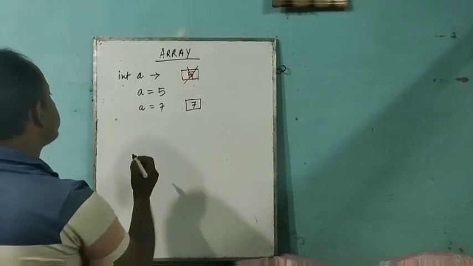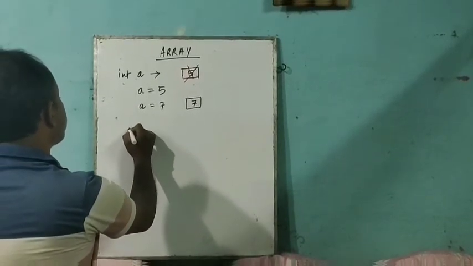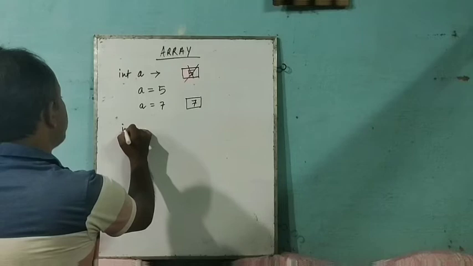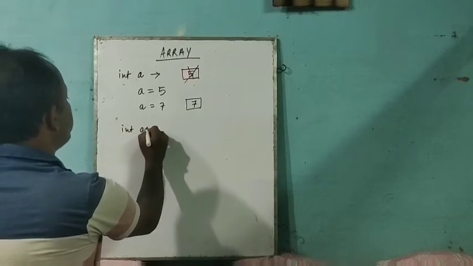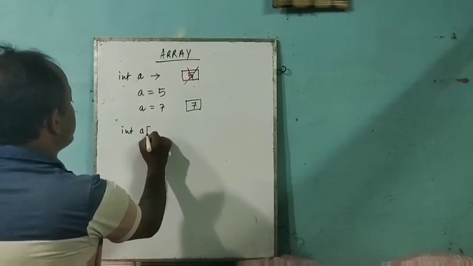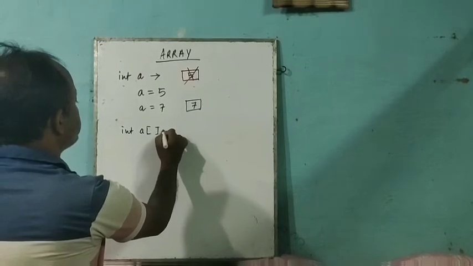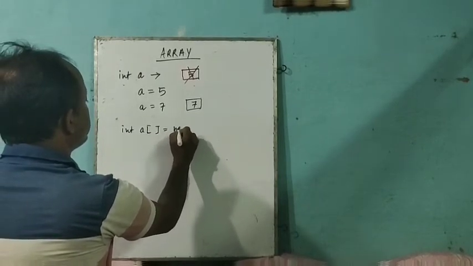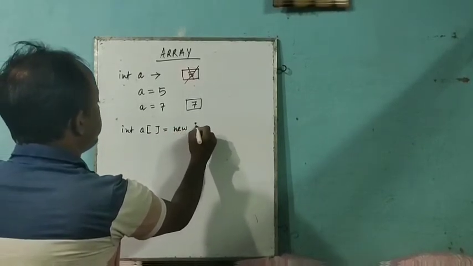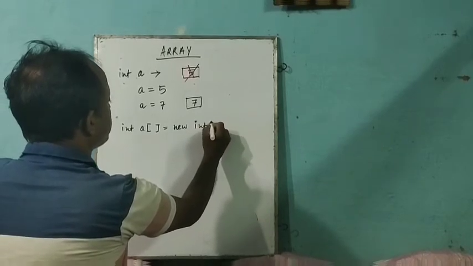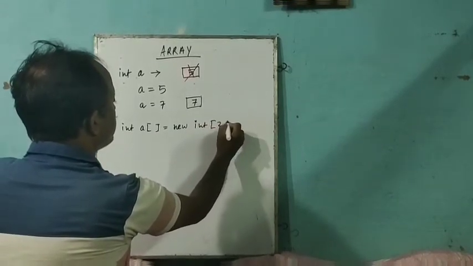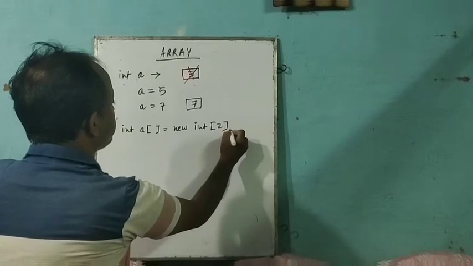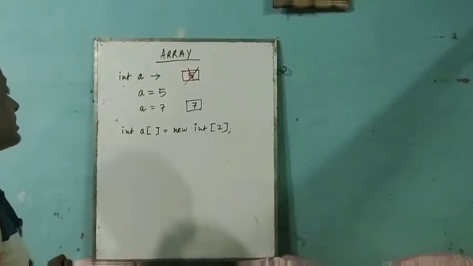Now, in the case of an array variable, if I write int a square bracket equal to new int 2, this is an array declaration.